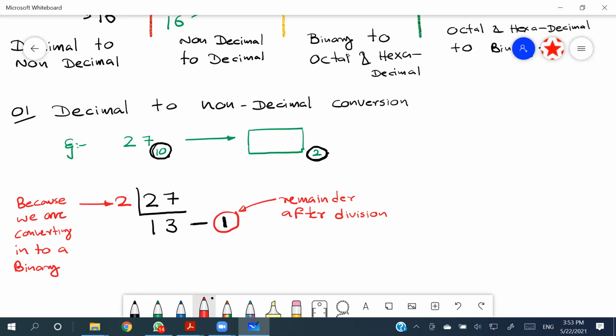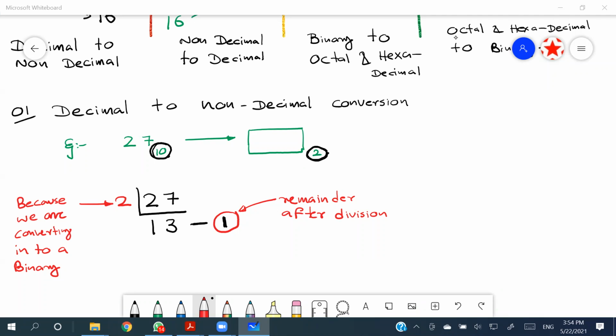Now our task is not over. We have to divide this again.